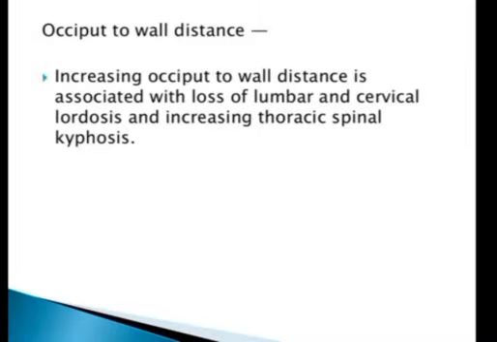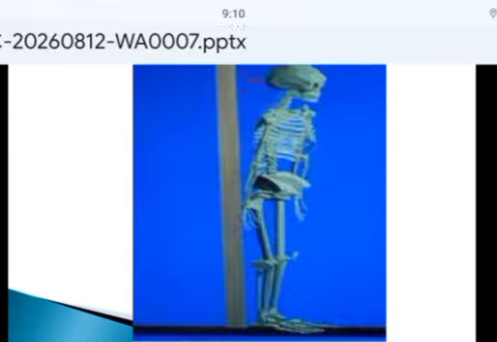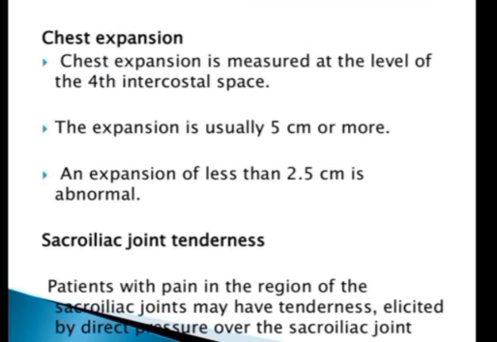Occiput-to-wall distance. Increasing occiput-to-wall distance is associated with the loss of lumbar and cervical lordosis and increasing thoracic spinal kyphosis. Next, chest expansion. Chest expansion is measured at the level of the fourth intercostal space. The expansion is usually 5 centimeters or more.